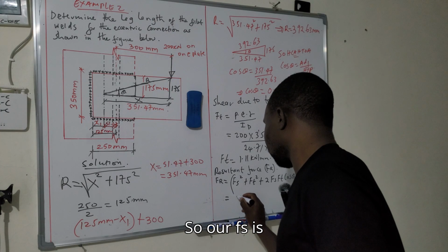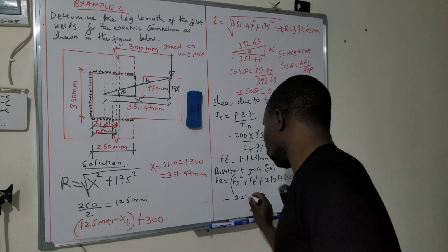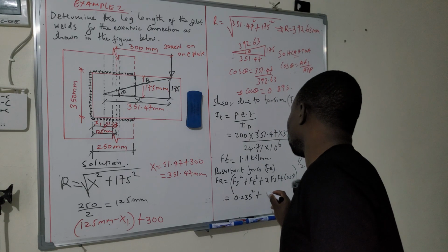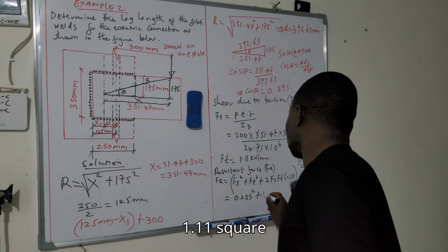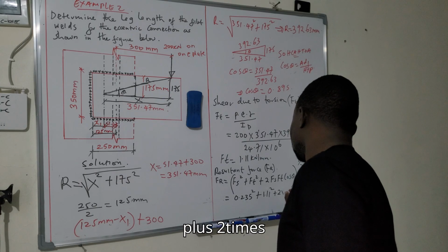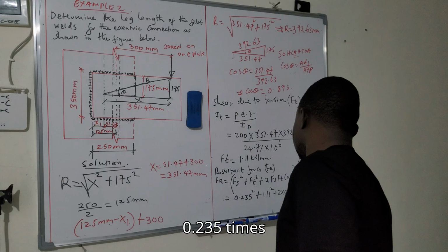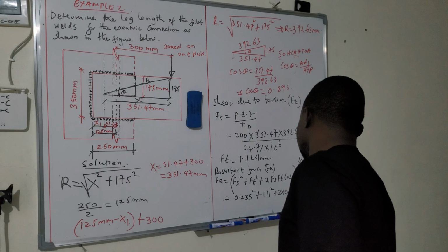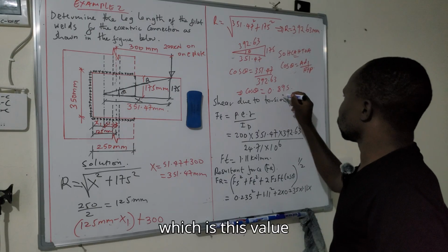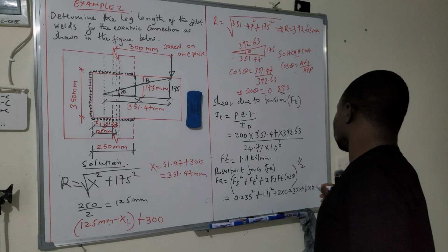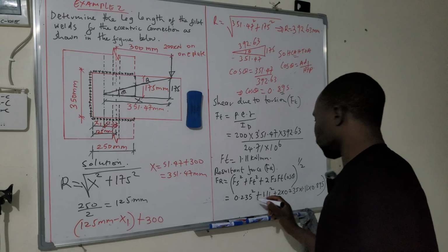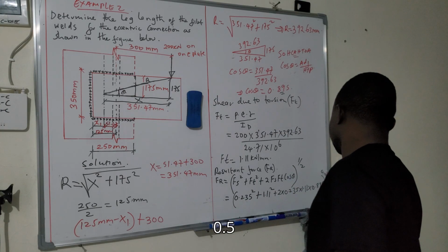So our Fs is 0.235 square plus Ft 1.11 square plus 2 times 0.235 times 1.11 times cos theta, which is this value, 0.895 raised power 0.5.